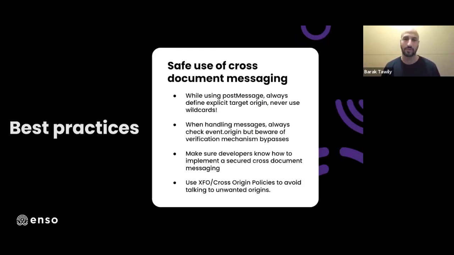It is really crucial, and I see a lot of implementations where developers are not aware of it and make a lot of mistakes around that. So that's the third point: you have to make sure that your developers know how to write a proper verification mechanism, because we can see a lot of cases, maybe most of you know it from open redirection attacks, where developers implement some restrictions but they are actually easily bypassable.